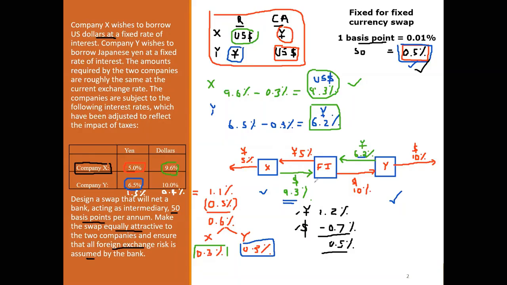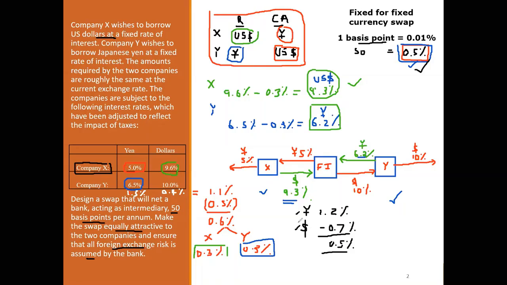But if you take the financial intermediary, it is having its return in two different currencies. So it is subject to the fluctuations in yen, and also it is subject to the fluctuations in dollars. Not only to the fluctuations in one currency. So that's why we said that all of the foreign exchange risk will be assumed by the bank.